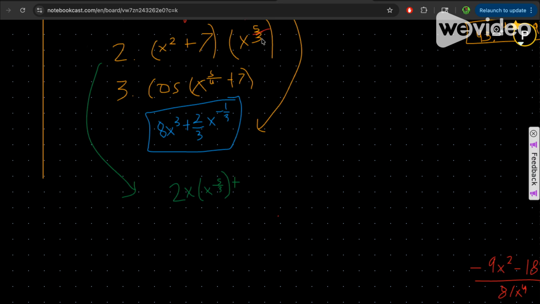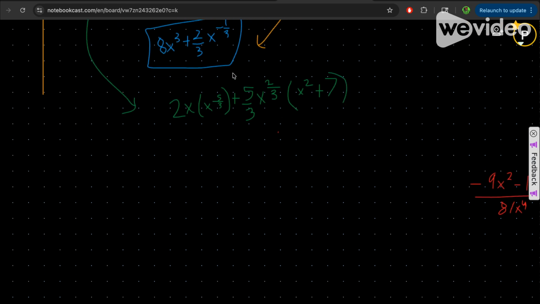That is 5/3 times 1, so 5/3 x to the, what's 5/3 minus 3/3, 2/3, times x squared plus 7.